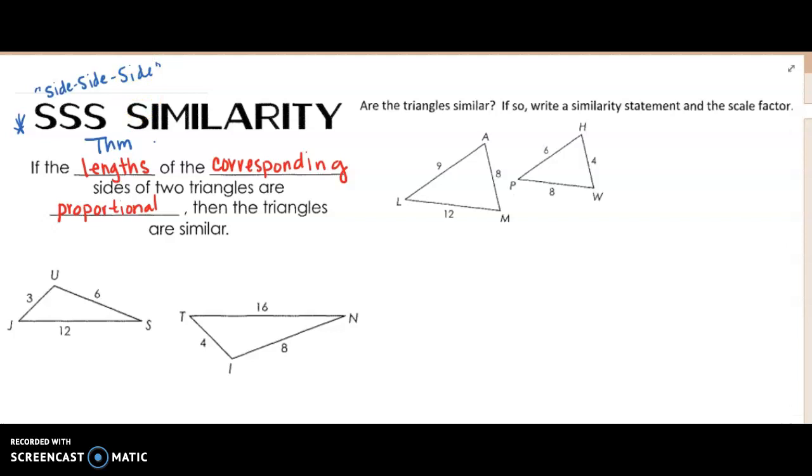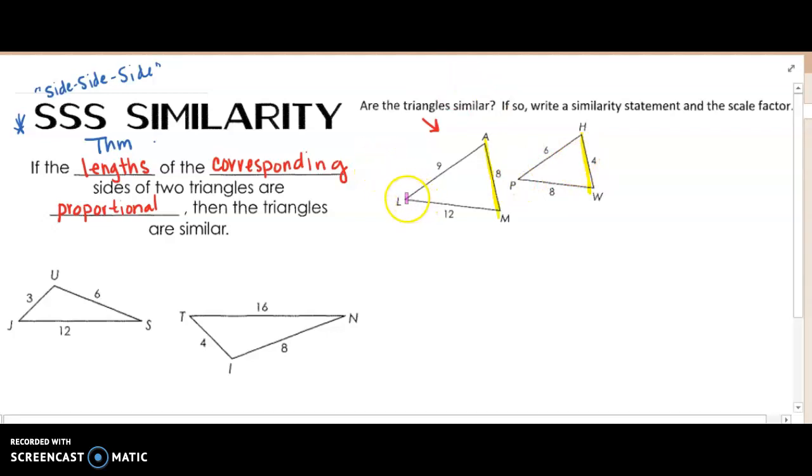Okay, so let's do this first example. The first example in your foldable is this one right here. The first thing I'm going to do is label or highlight the smallest side yellow on both of these triangles, because I know those have to be corresponding.